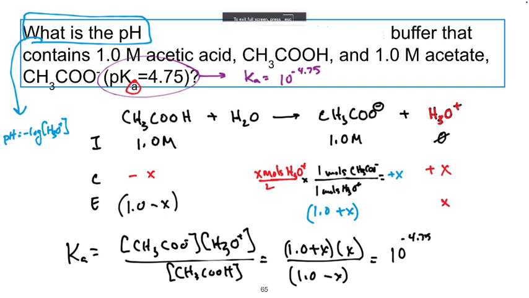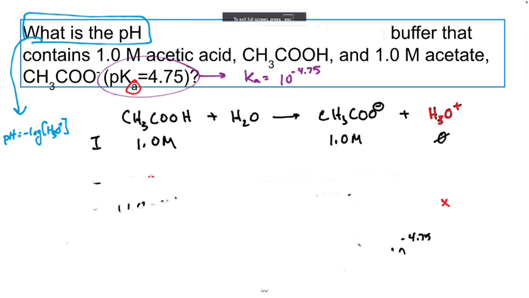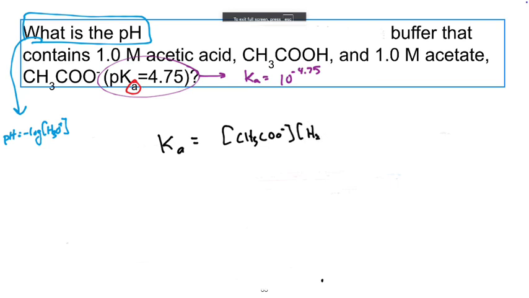Okay, are we ready to delete everything? Yeah? What we're going to go back and do is take a look at that K expression a little bit more carefully. My Ka equaled my acetate, CH3COO minus, times my H3O plus, over my CH3COOH.